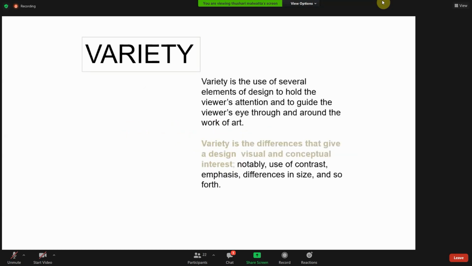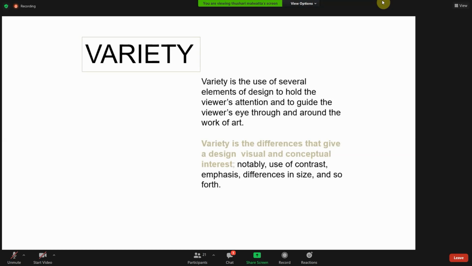But still, it has to have variety. In one artwork, variety or differences is what gives visual and conceptual interest. Even though it is harmonized well, if it is just a single thing, and not many art elements or design elements are used, then it is not very interesting.